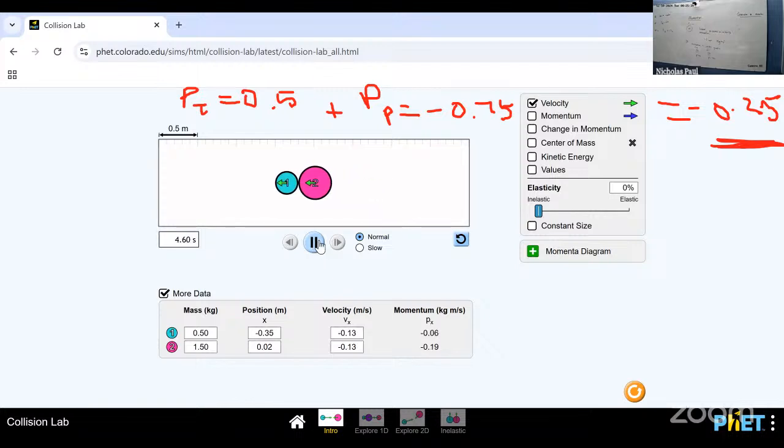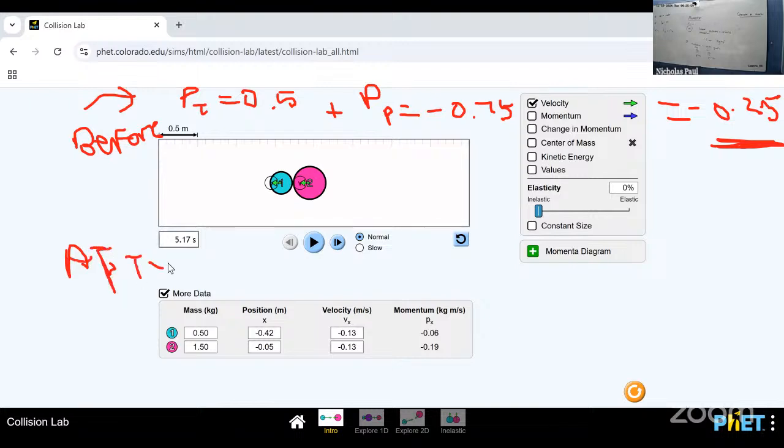See that? Right? So this is the momentum before. Now let's see if we can work it out after. What's the momentum of the teal after?